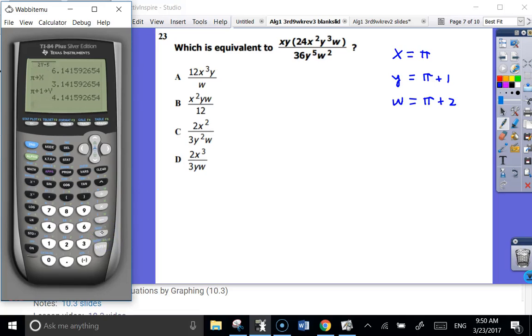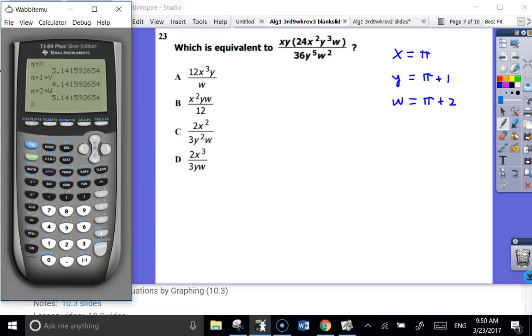And now we'll try it one more time for w. Which key is a w? The negative. Right? So let's go second pi +2.